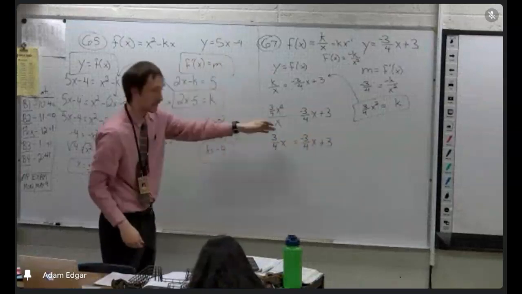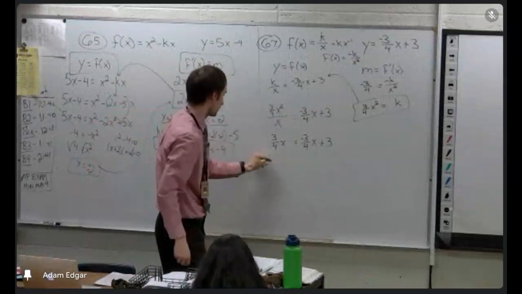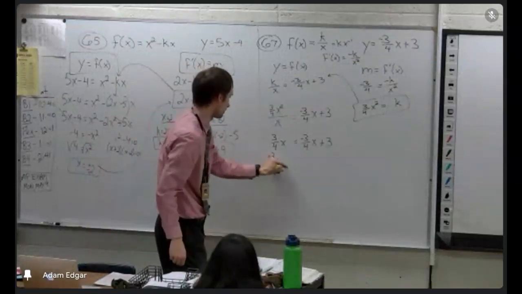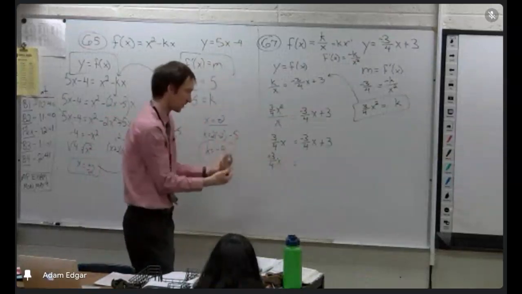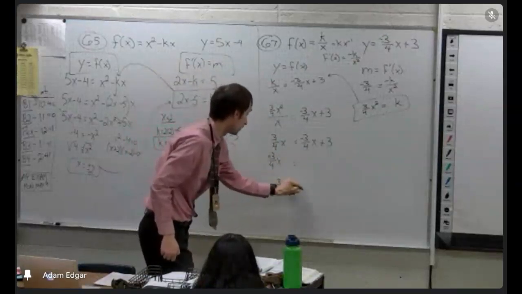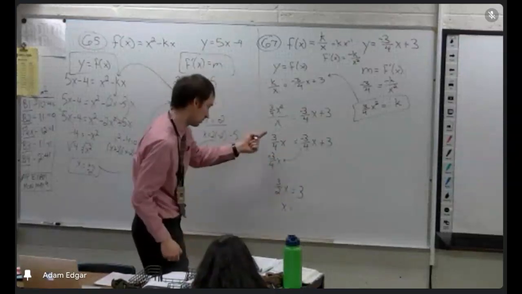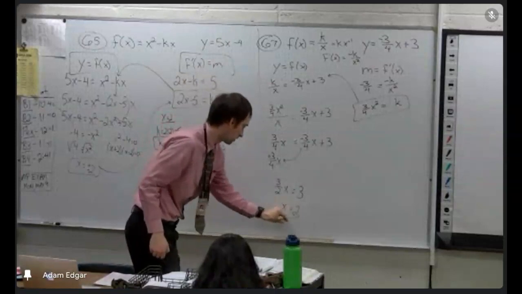Now you can algebra that. Add the 3/4 x over. What's 3/4 plus another 3/4? 3/2, so 6/4 is 3/2. So you have 3/2 x equals 3. And so what's x going to equal? 2, right? Because you multiply by 2/3.